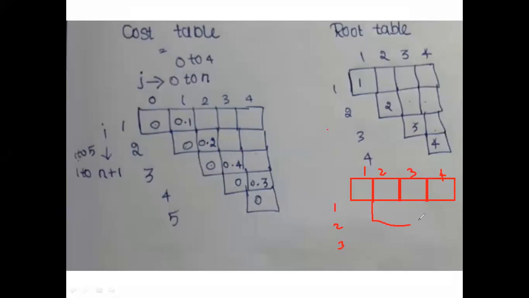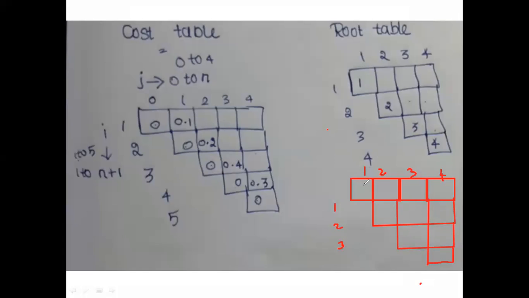Similar to the cost table, how many elements are there? 1 to 4.